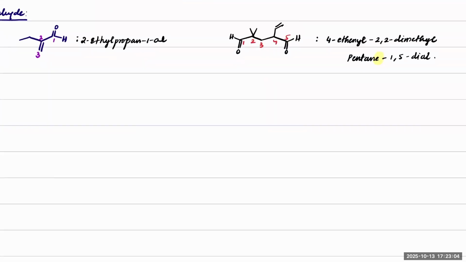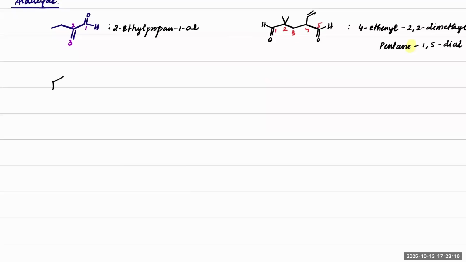Now, notice one important part about aldehyde is, what if the aldehyde is there on a cyclic structure like this? If it is on a cyclic structure, then what do we name it? Now, numbering should always start with the cycle which has the aldehyde group on it.